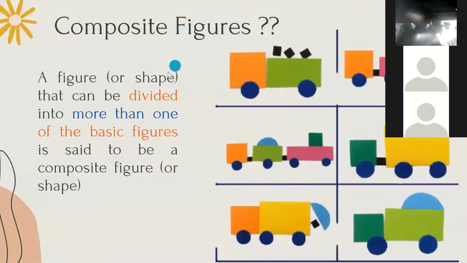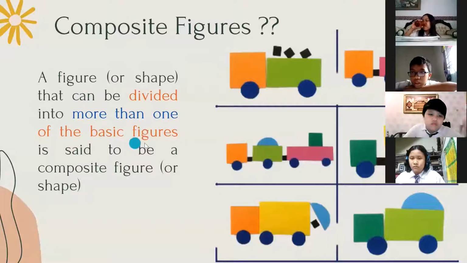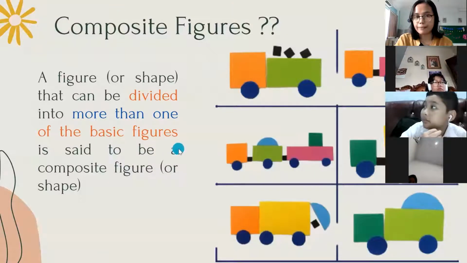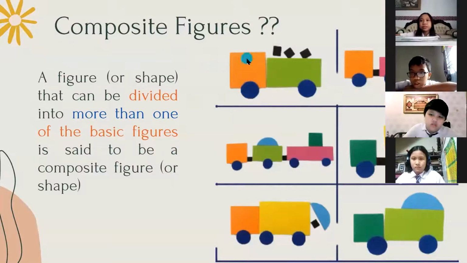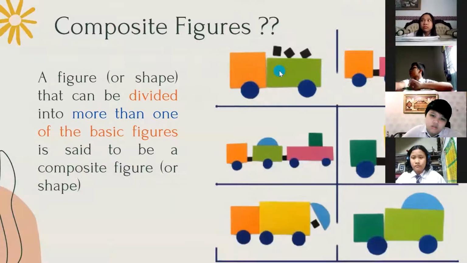Yeah, composite figures, that figure can be divided into more than one of the basic figures. We already learned what the basic figures are, like square, rectangle, and circle. If we combine them together, we can have composite figures.